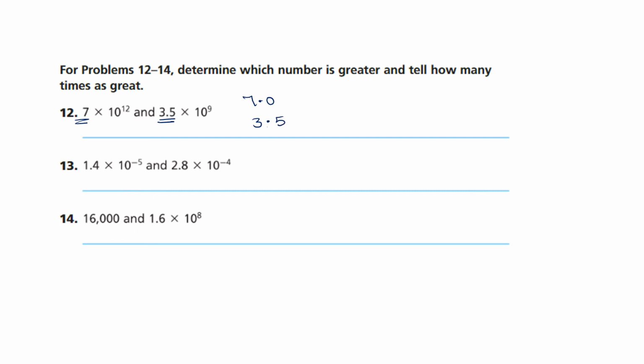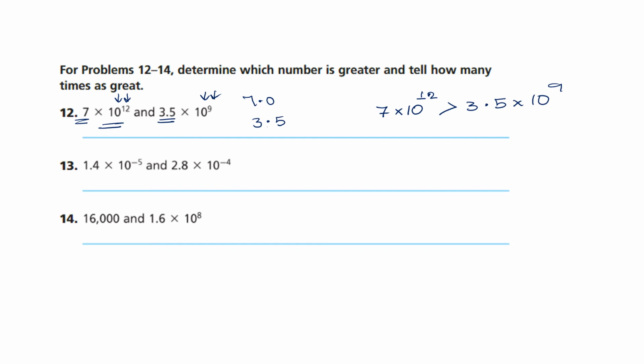But let's try to find out what the powers are in terms of 10. Is 10 to the power of 12 greater or 10 to the power of 9 greater? Of course, 10 to the power of 12 is greater. So you will write 7 into 10 to the power of 12 is greater than 3.5 into 10 to the power of 9. Now, how many times is it greater, right?